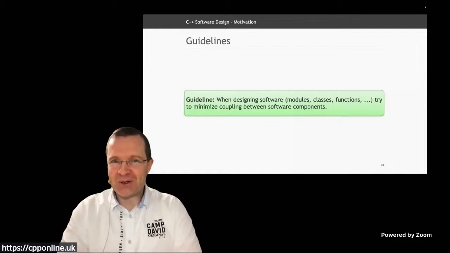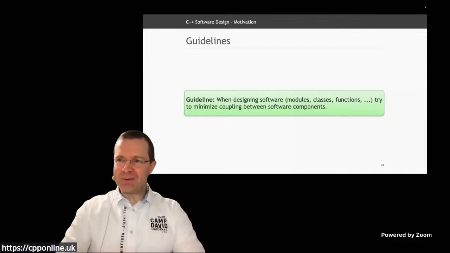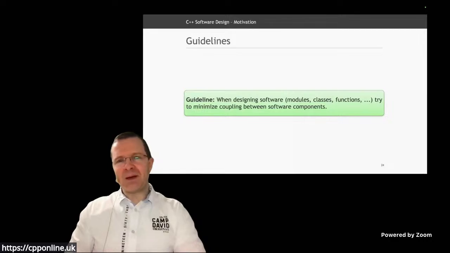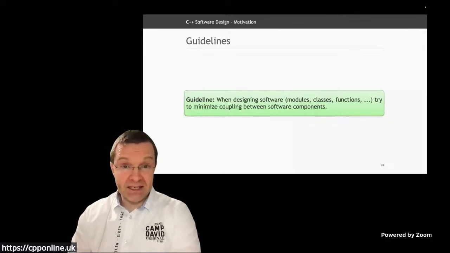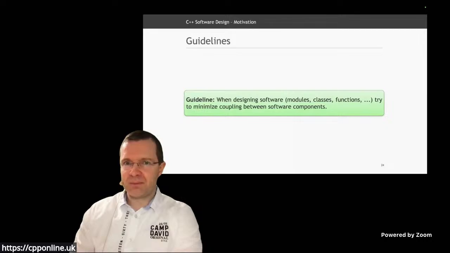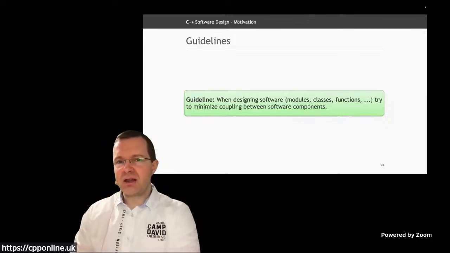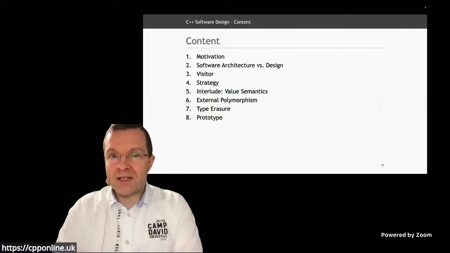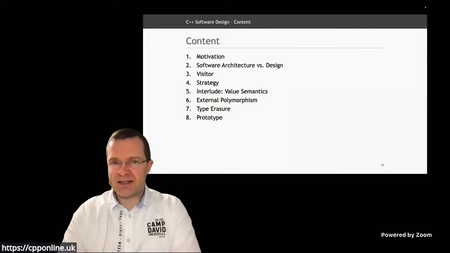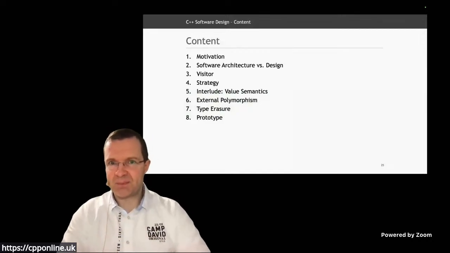Try to means that it might be difficult. And it is really difficult. I would argue that this is exactly the most difficult thing in software that we have to deal with. And therefore, in this workshop, we're going to talk about techniques, how to deal with dependencies, how to manage dependencies.